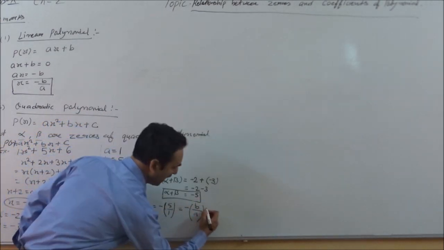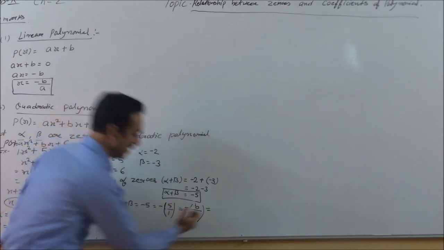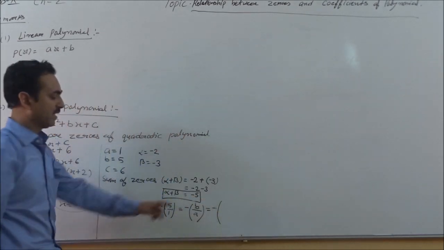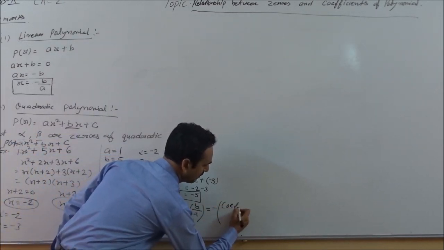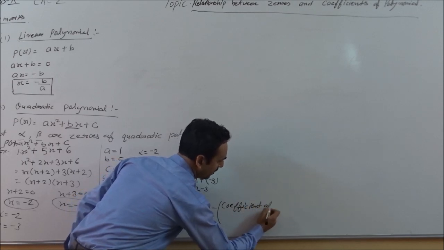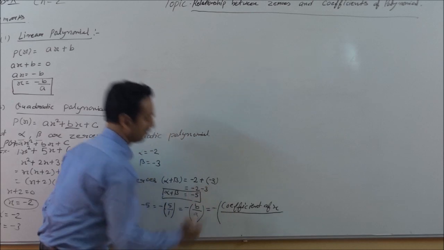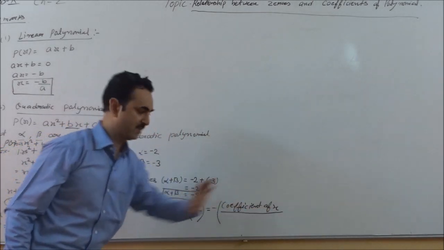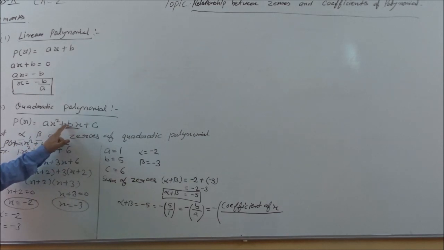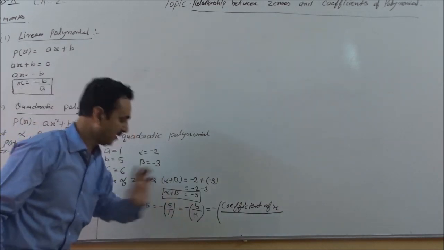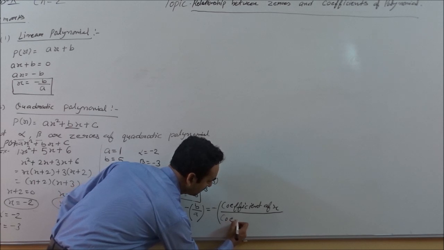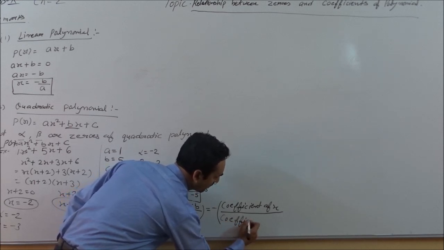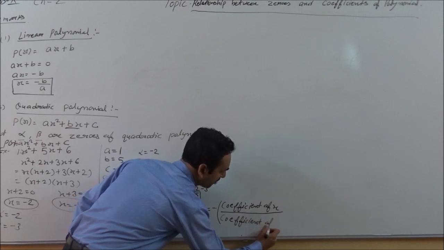Alpha plus beta in language form: what is b here? b is the coefficient of x, from the standard form. And a is the coefficient of x squared.